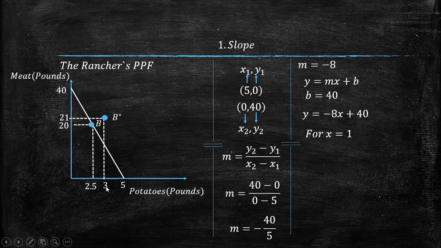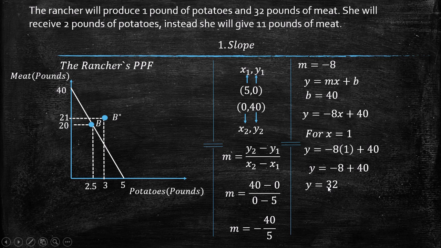So I'm just going to replace x1, which is the production of potatoes, in y, the quantity of meat. So in this case, replacing 1, this y is going to be the production of the rancher. But remember that the rancher is going to give 11 to the farmer.